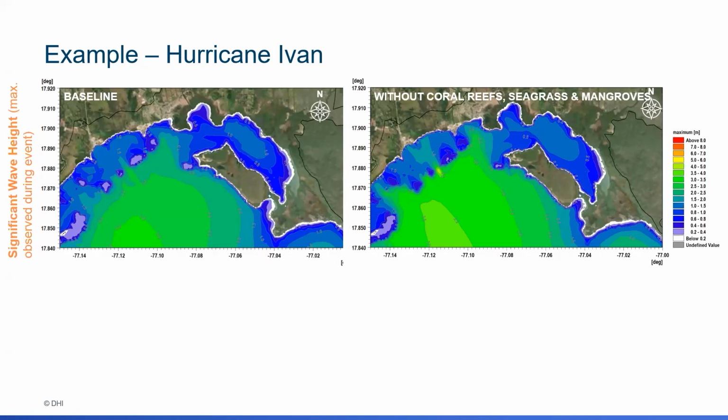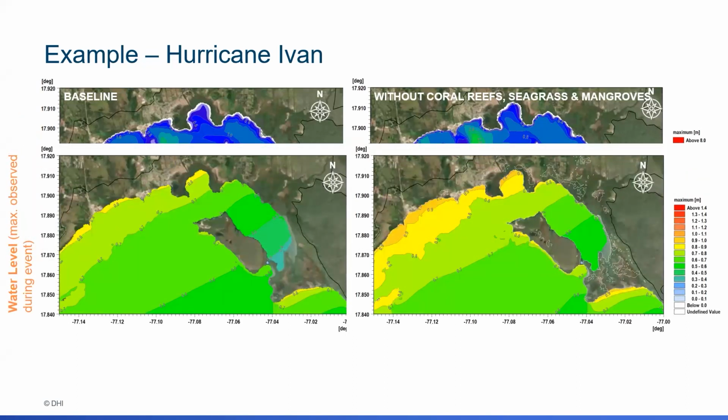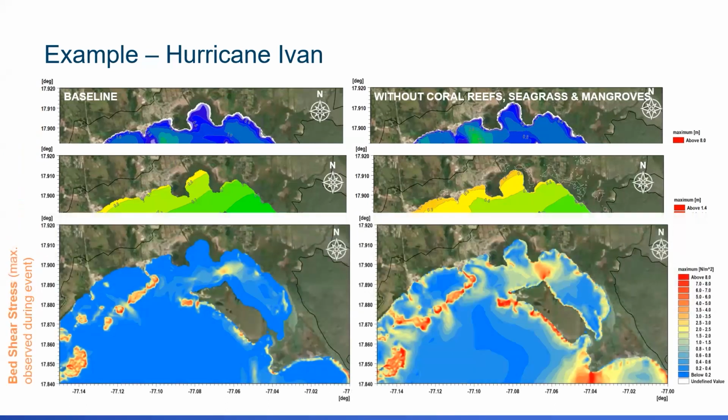This is exactly what we expect to see. The same with water levels. You can see an increase in water level of 0.1 meters, where the mangroves, etc., have been removed. And particularly for sediment transport, we can see a dramatic increase in erosion risk. And this is why we introduced the vegetation module.